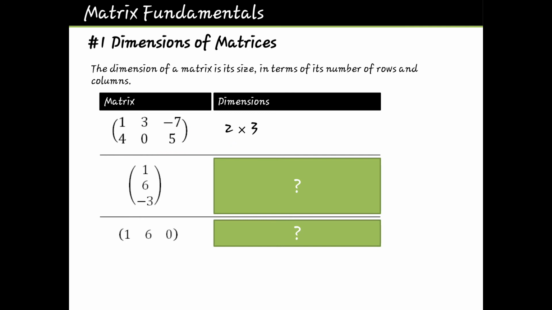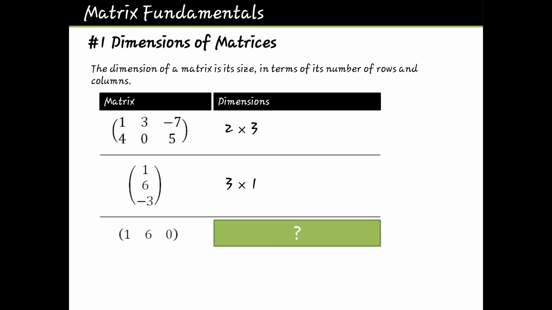Here, when we want to get the dimension of this one, you can pause this video, work it out, and then check the answer. I worked it out and got 3 times 1. 3 is the number of rows and 1 is the number of columns.